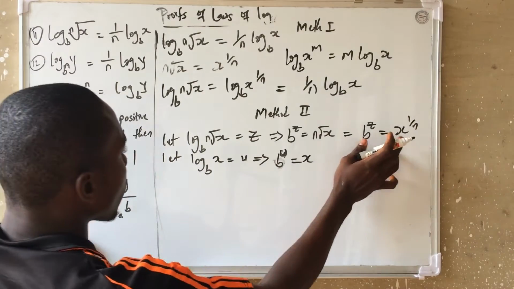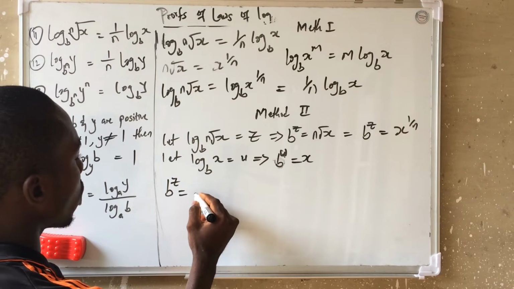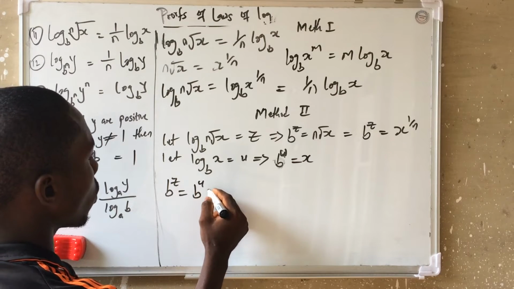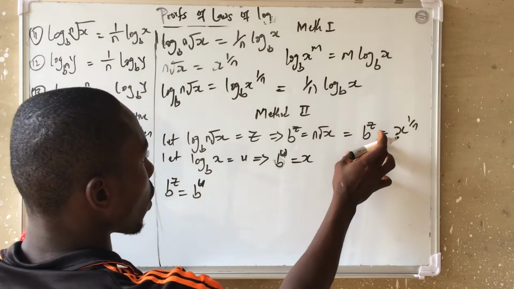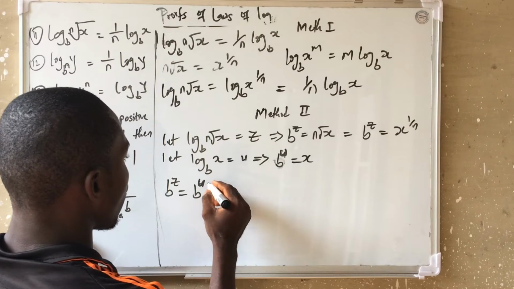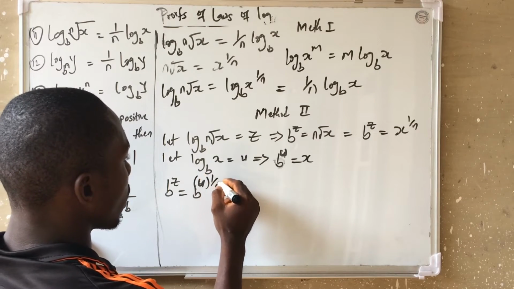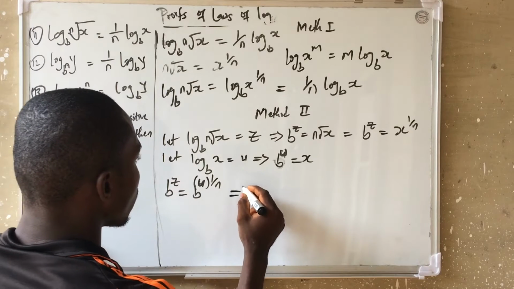So from here now, I'm going to substitute this in this. I'll now say b raised to the power z is equal to, now this is b raised to the power u, all raised to 1 over n. So now, we continue.